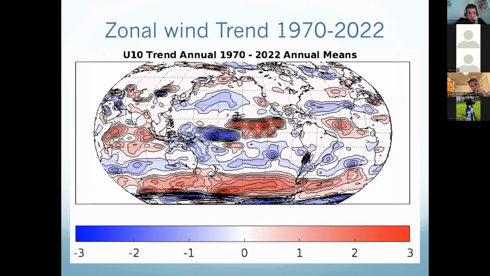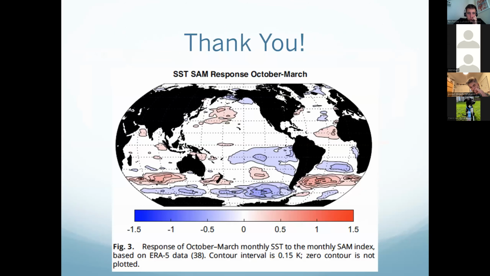There's also a corresponding weakening in the trades north of the equator in the Eastern Pacific, and some additional convergence over the maritime continent associated with the tropical precipitation gradually shifting westward over this period. Okay, I think that's all I got. I think I finished in plenty of time, so we have time for questions, I hope.